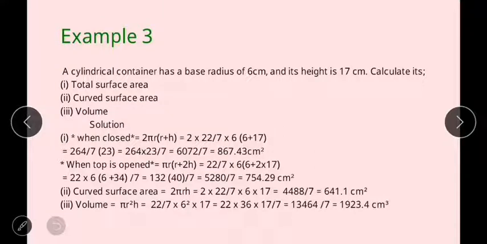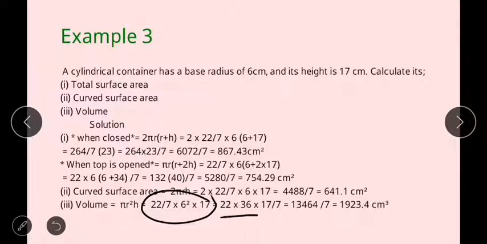And the last question here says we should calculate the volume of the cylindrical container. The formula to calculate the volume of a cylinder is given as pi r squared h. Our pi is 22 over 7. Our r is 6. Because the r is squared here, you must square your 6 too. Then our h is 17. If you simplify this, what will it give you?